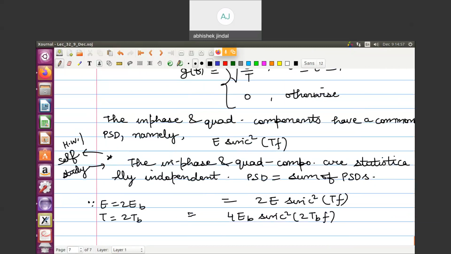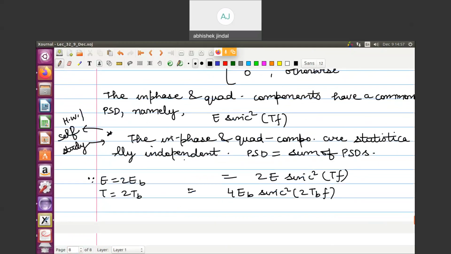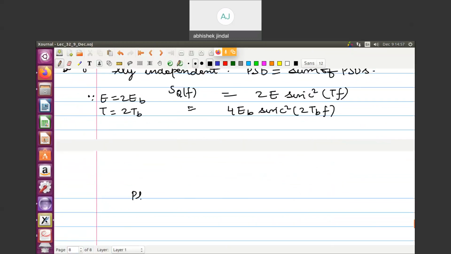Okay. So let us see if we try now plotting. So now you plot. So this is your S_QPSK(f), you can see. Okay. So plot the normalized thing, which means we want to see the shape versus twice of TB into f, or you can say TB into f.